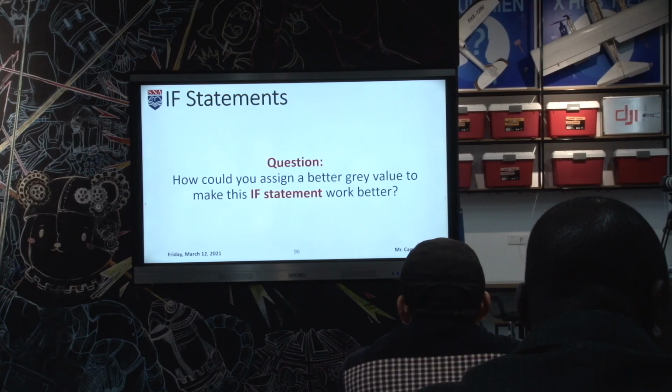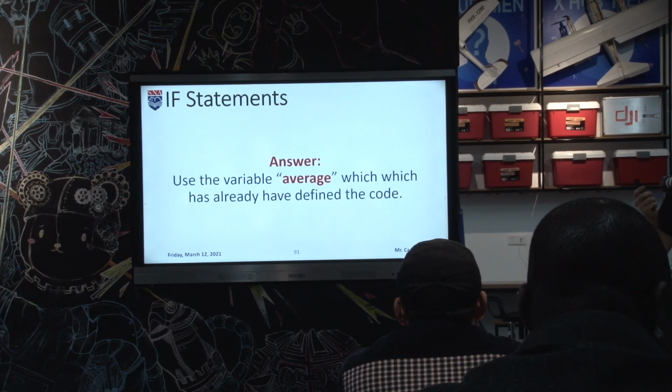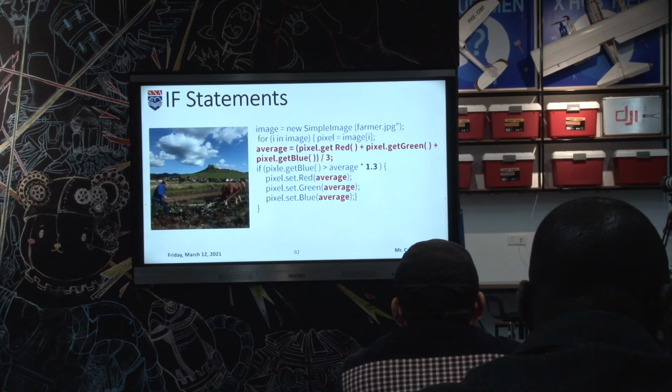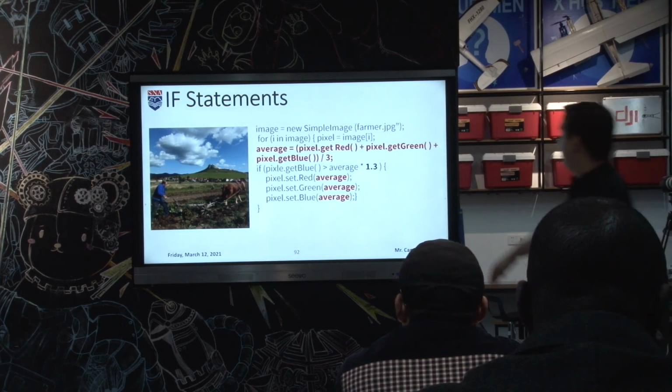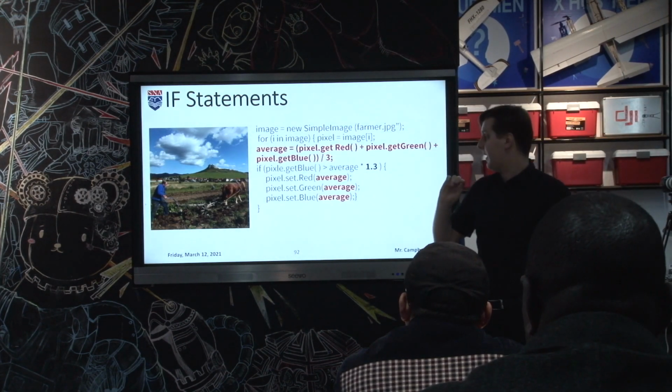So rather than assigning one gray color for each, we can take the average. So take the average that's already in this image. All right, we created an average up here, so let's just use that function already.